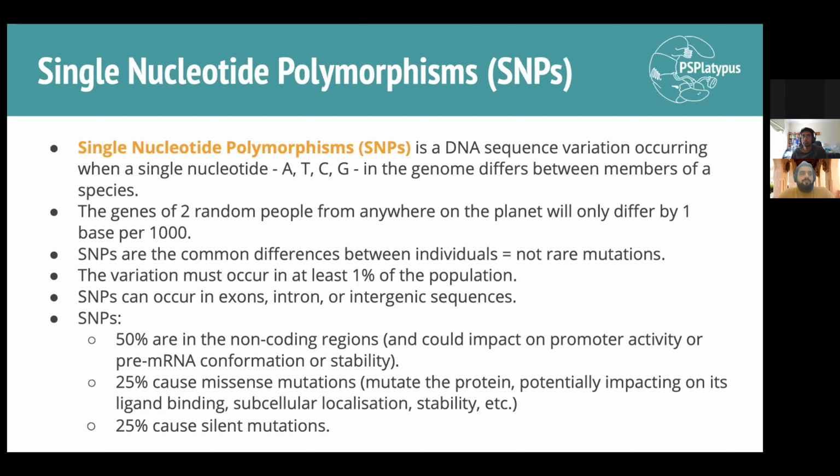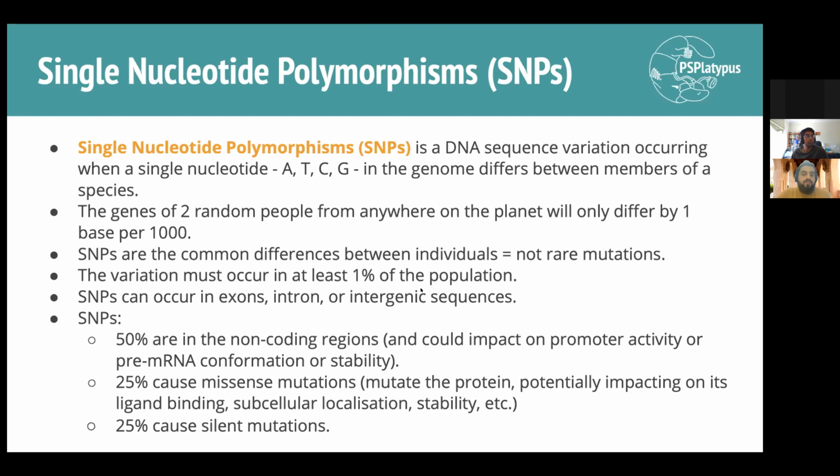So the genes of any 2 random people from anywhere differ by 1 base per 1,000 bases. SNPs are the common differences between individuals. It means that these mutations are not rare, and that's why we need at least 1% of the population to have the same mutation for it to be considered a SNP.